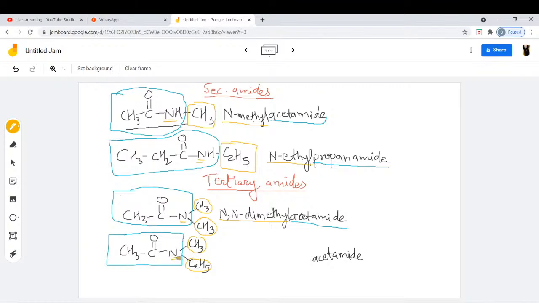So N for methyl, N for ethyl. N-methyl, N-ethyl, or N-ethyl then N-methyl? Which comes first, ethyl or methyl, you know very well.